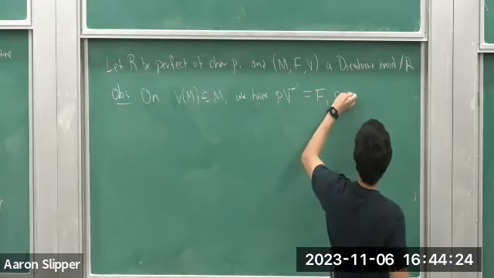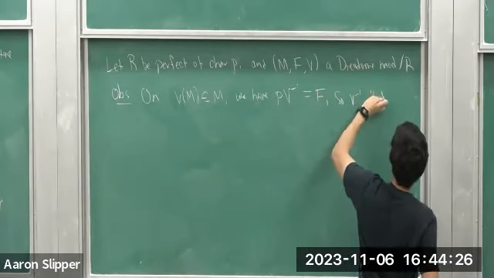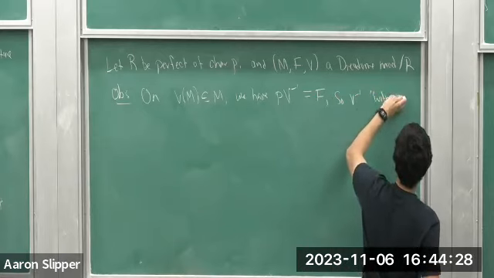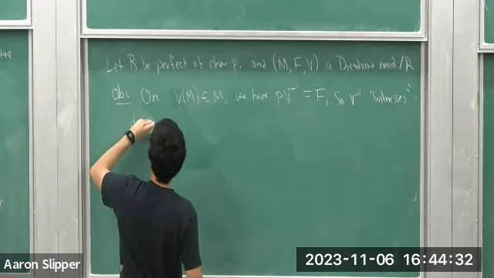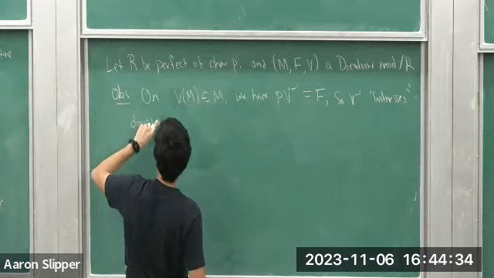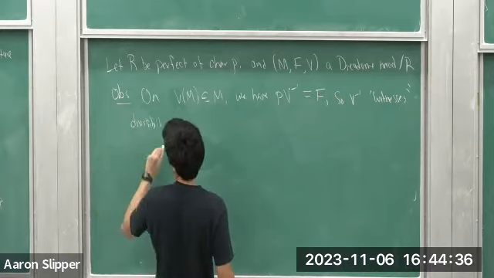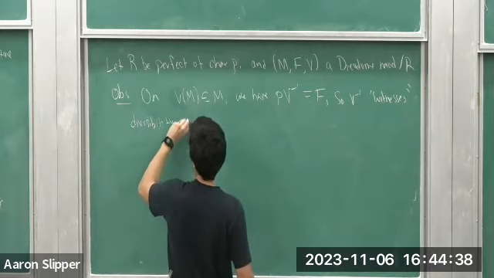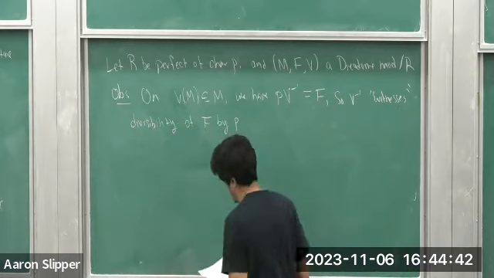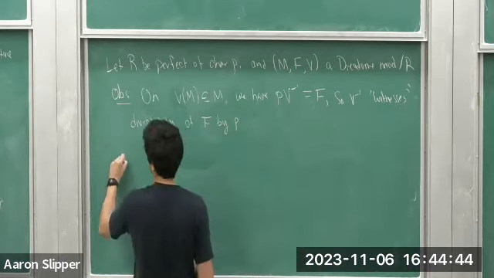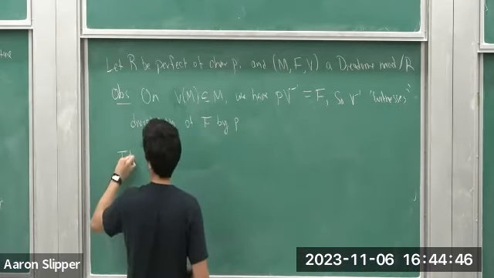So V inverse witnesses the divisibility of F by p. And the idea of displays is to keep track of these as extra data.